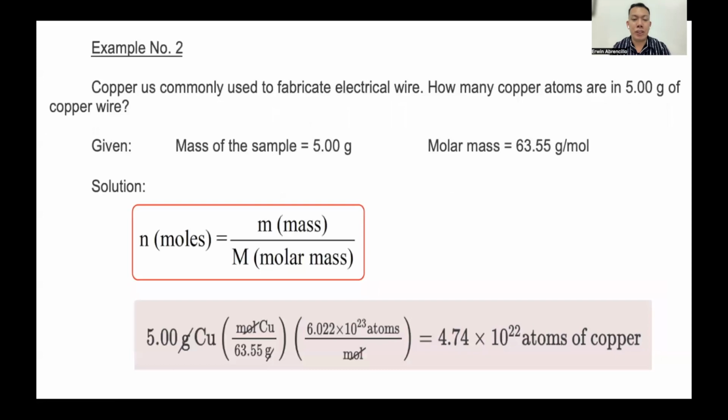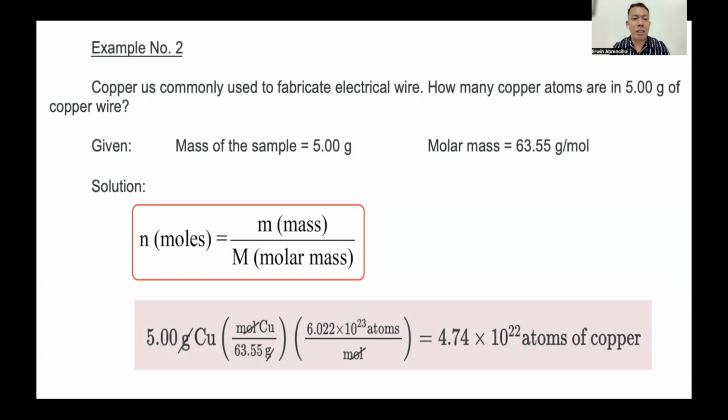So that's our example number 1. Let us now proceed to example number 2. Copper is commonly used to fabricate electrical wire. I'm sorry for the typographical error. How many copper atoms are in 5 grams of copper wire?